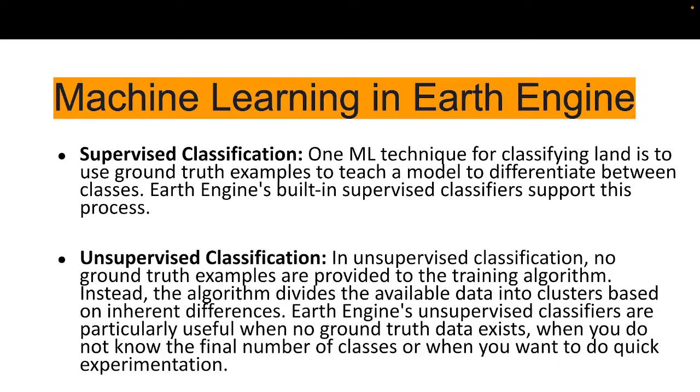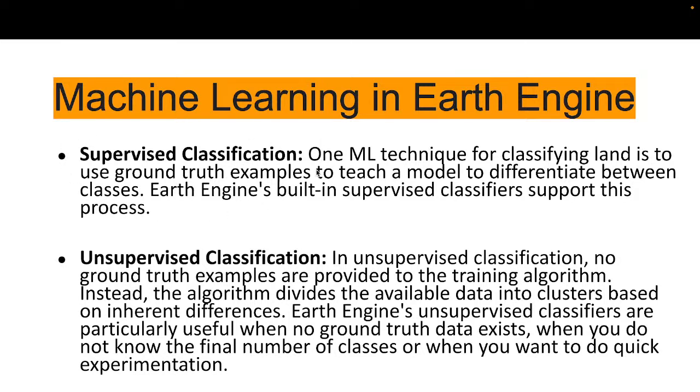Basically, in supervised classification, the model is trained on labeled data, mainly input and output. We need to add the label data. But when you do unsupervised classification, you don't need any kind of label data. Suppose I use a supervised classification algorithm: first of all I need to create the label data.